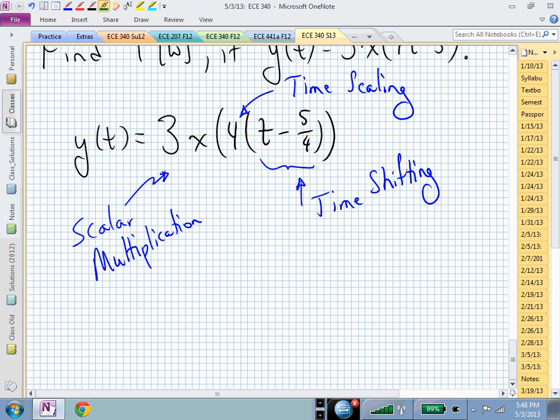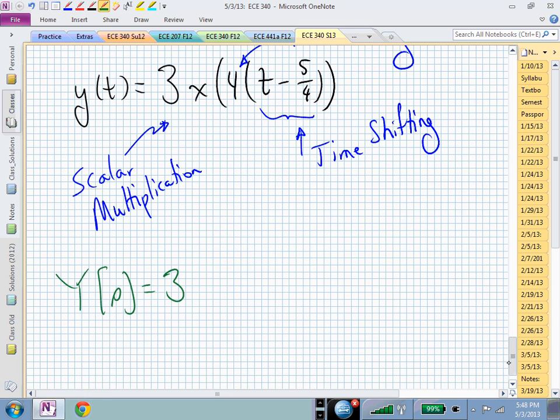The scalar multiplication is the most straightforward. That one just scales everything by 3. But now if we have this time scaling, time and frequency are reciprocal quantities, and that impacts the capital X of omega relationship.